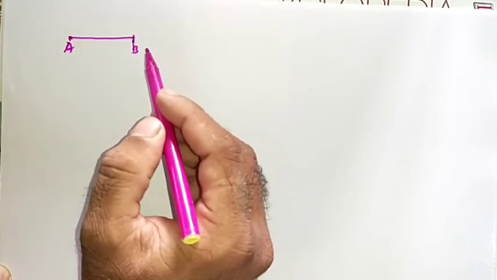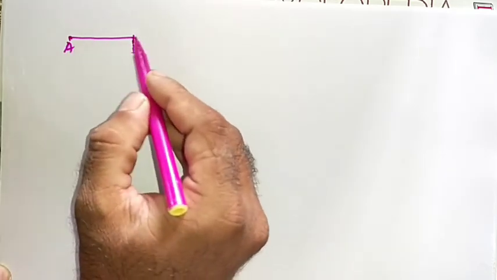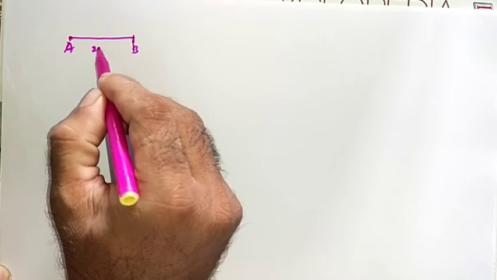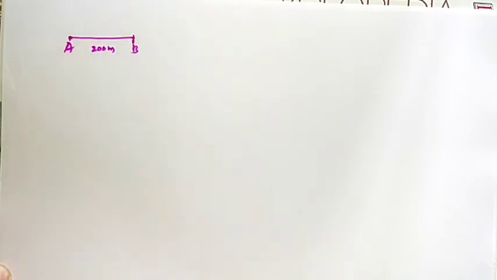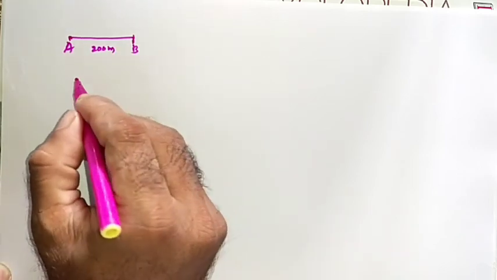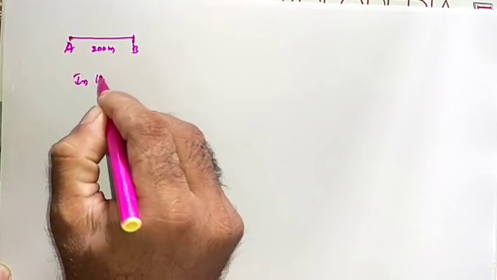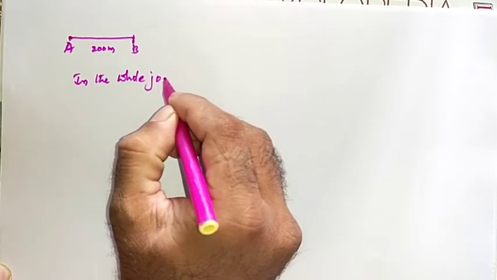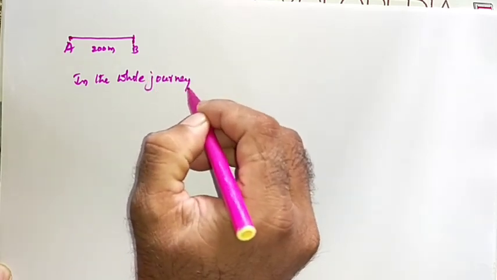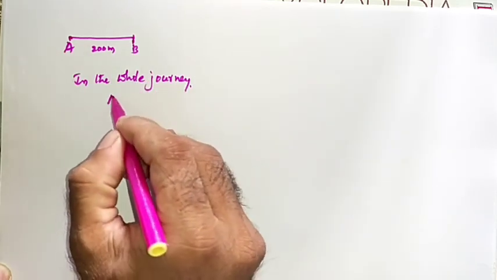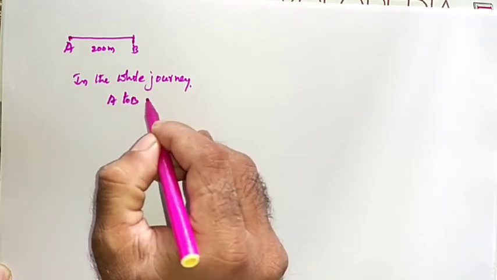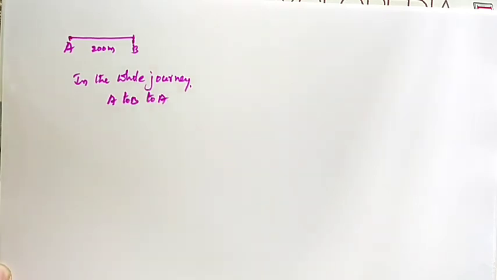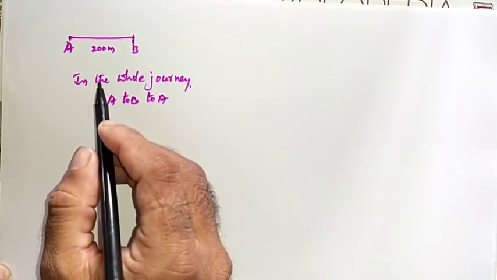A to B, let us take the distance as 200 meters. The whole journey is A to B and B to A. In this whole journey, let us calculate the speed and velocity of the body.